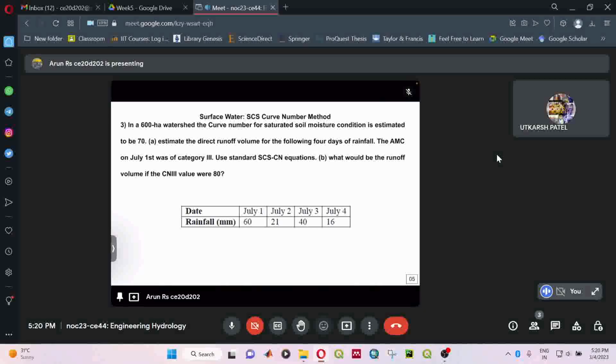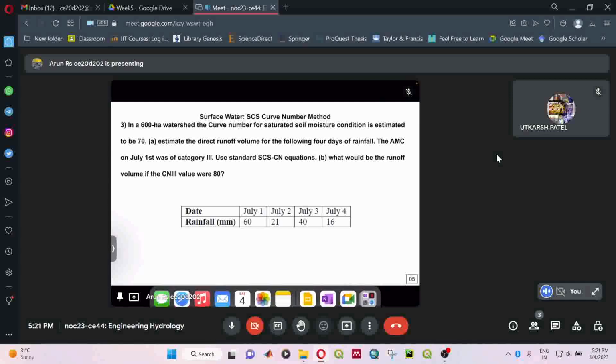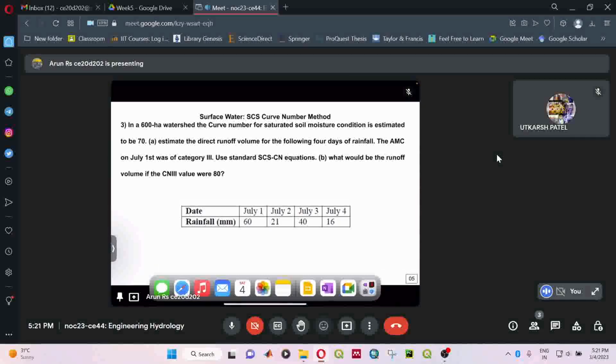In the table, rainfall for 4 days is given. We need to find out the daily runoff from this catchment. The AMC is category 3, that also they have given. Use the standard SCS curve number equation, and we also need to find out the runoff volume if the curve number value changes to 80. So this is a very straightforward question.